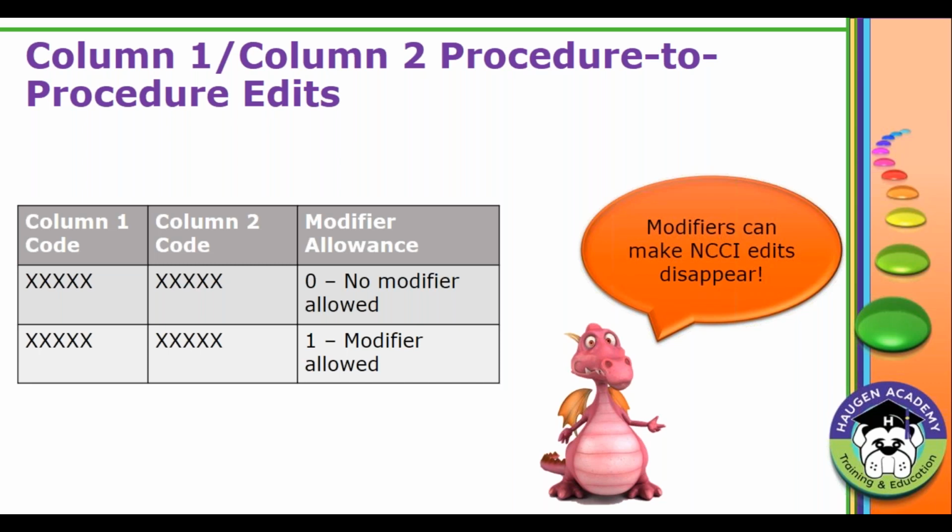It's not the technically correct answer I was looking for. But if you've ever put a modifier 59 on a code and you're like, okay, it's not that one, and so you put it on the next one and it doesn't work, this is why, because it has a 0 modifier allowance. I've had people email me and say, why can't I get rid of this edit? And I go straight to the NCCI edits to look at the Excel file, and this is why.